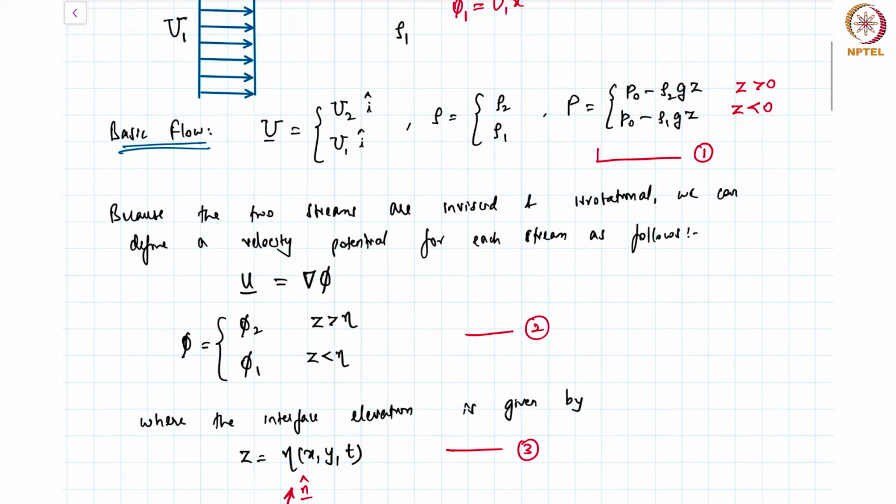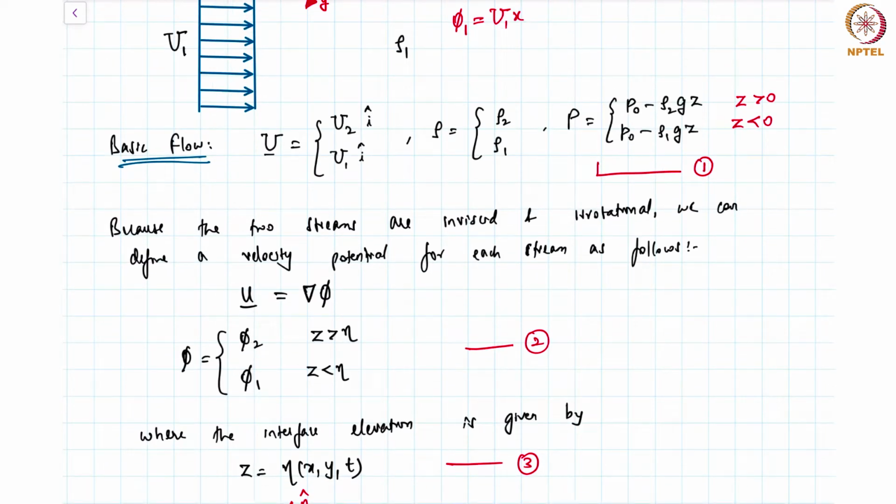Let me show you the base flow. The base flow, you can see the numbering 1, that's the base flow: U2, U1 and ρ2, ρ1, and the pressure is also varying linearly with height.